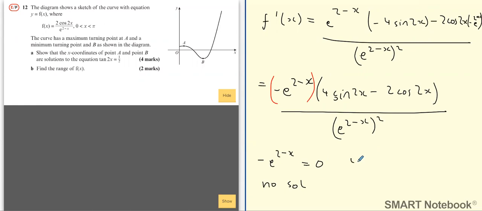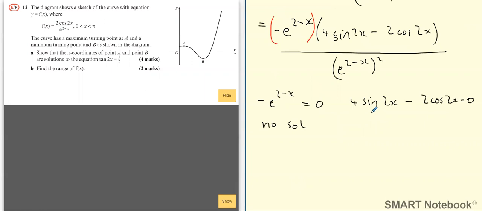And then we've got 4 sine 2x minus 2 cos 2x equals 0. And that, I think, is taking me to the right answer. So 4 sine 2x equals 2 cos 2x.